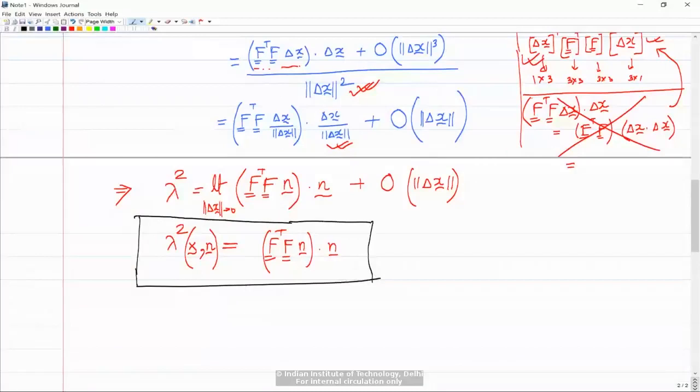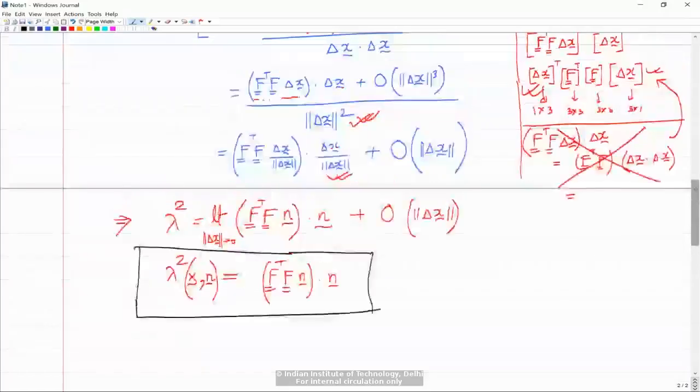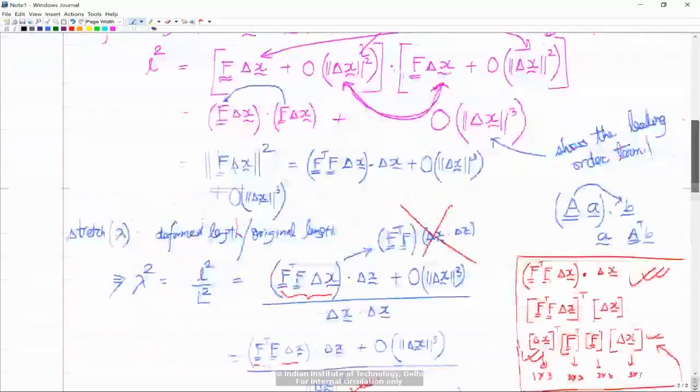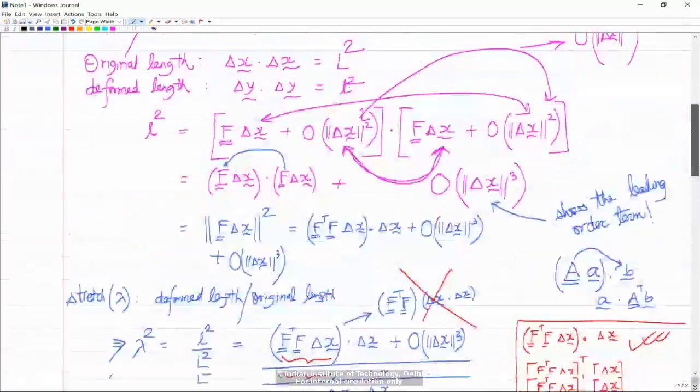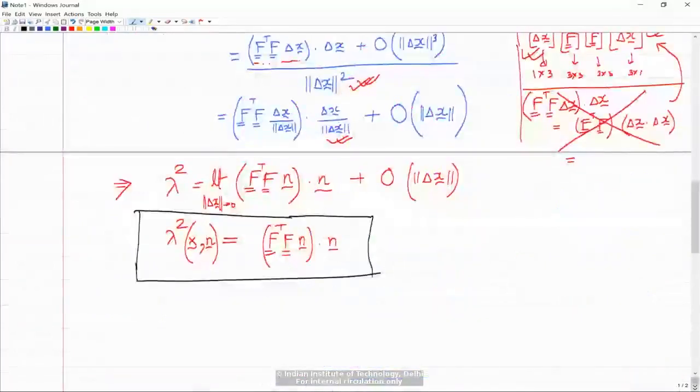Now, see, what we did is, I would say, a slightly difficult way to arrive at this formula. I could have also simply arrived at this by starting with the infinitesimal line element.